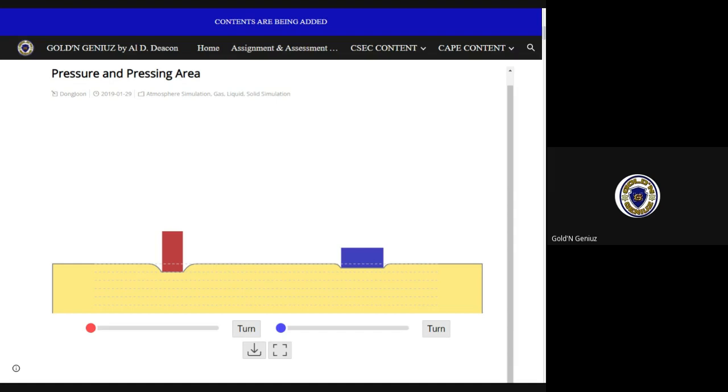Orange. Good. Blue, orange. Which of these are applying the greater pressure? Q&A, people. B for blue, O for orange.